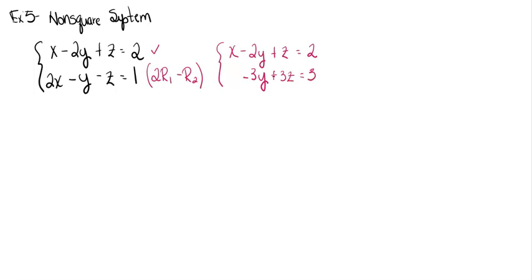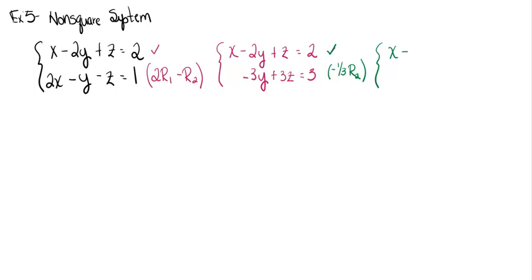All right, so my first row is still good. My second row, though, I need to make with a leading coefficient of 1. And the way I'm going to do that is multiply my second row by negative 1/3. Okay, row 2 times negative 1/3. That will give me a leading coefficient of 1 in my second row. So my first row, I'm just going to rewrite.